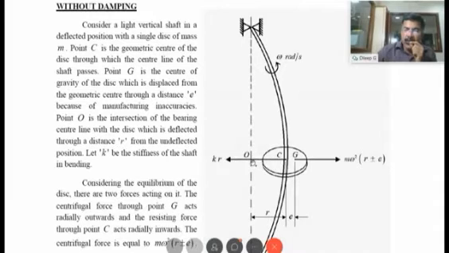Now, for 1 millimeter deflection, K is the force applied. So for R deflection at the center, Kr will be the restoring force. So at a particular speed, R remains a constant. The system is in equilibrium.